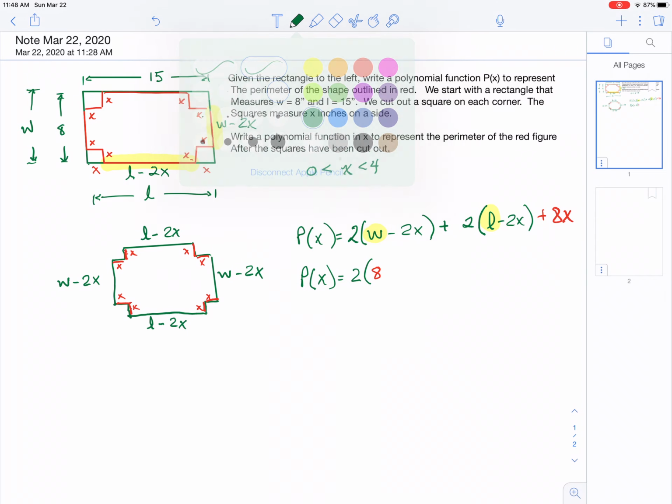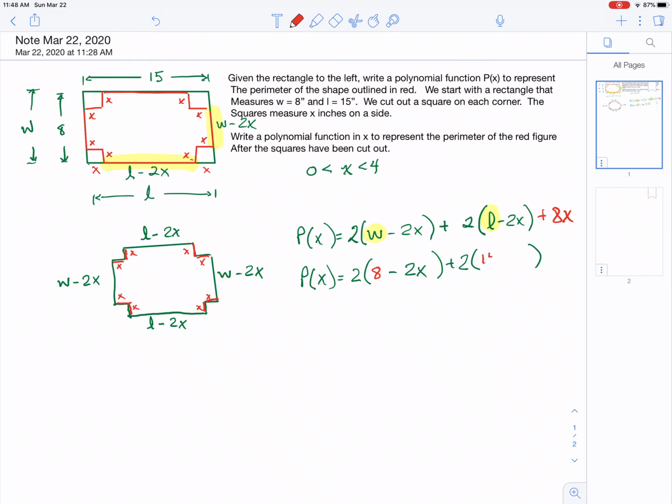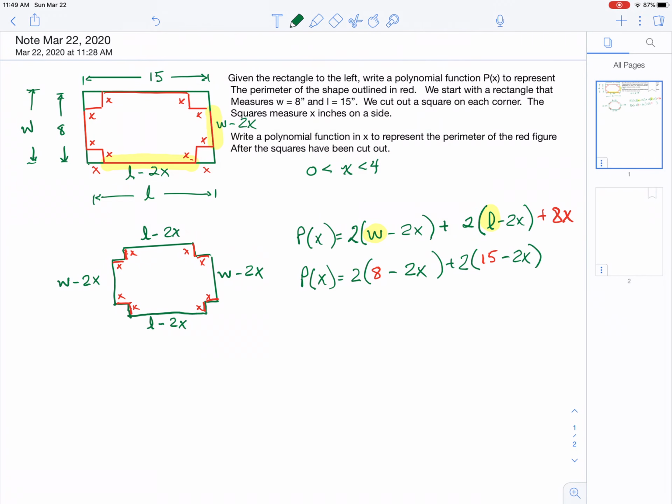And then I'm just copying and going in here and replacing L with 15. And now I believe I have everything just in terms of that single variable x.